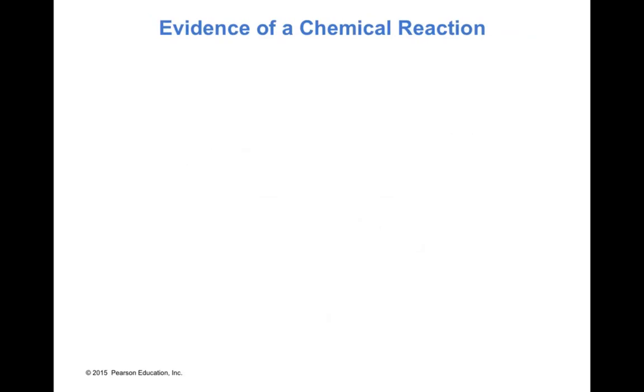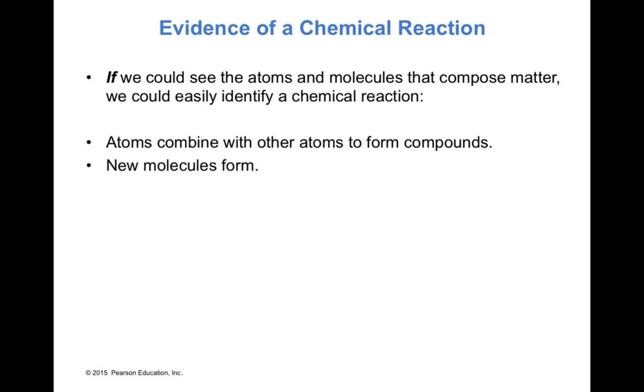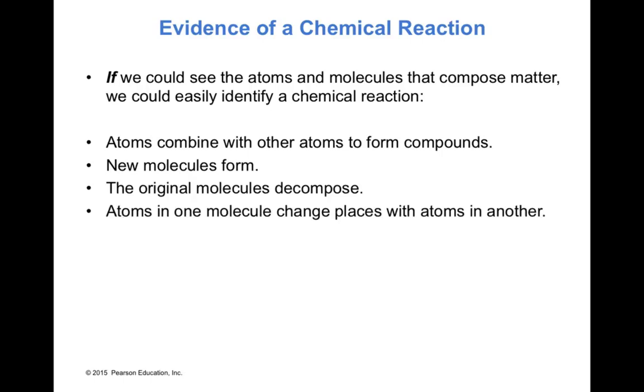So, we can have different evidence for a chemical reaction. If we could see the atoms and molecules that compose matter, we could easily identify a chemical reaction because atoms combine with other atoms to form compounds. That means that new molecules form, the original molecules decompose, and atoms in one molecule change places with atoms in another.